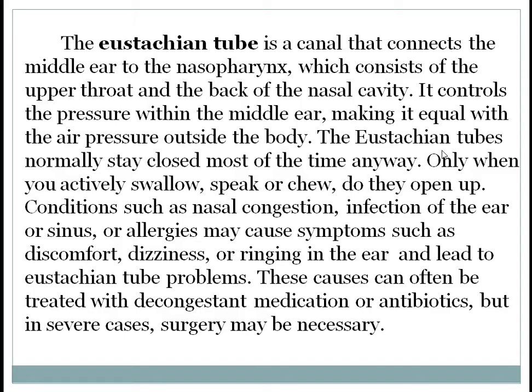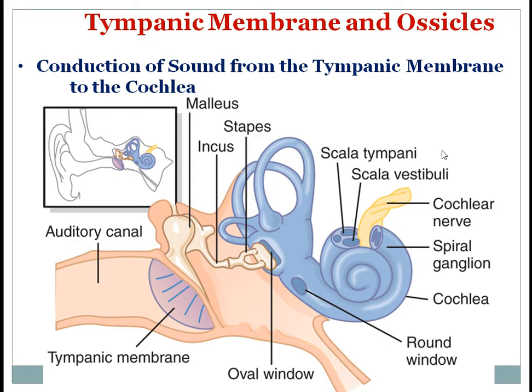I want to show one more diagram. In this one, you can see the foot of the stapes is attached to the oval window, while at the other end we have the round window. Once the sound waves strike the tympanic membrane, these three ossicles move the fluid present in the cochlear part, so that it moves inward and the round window moves outward.